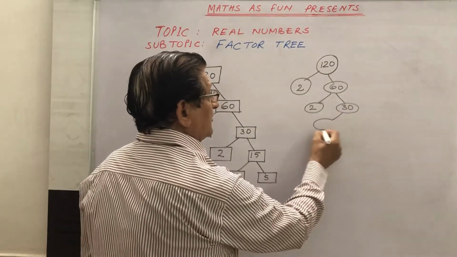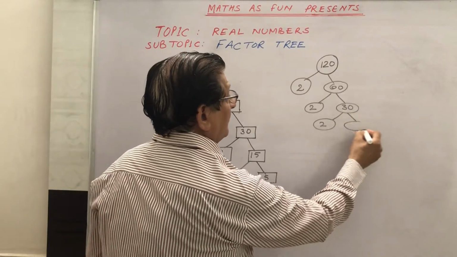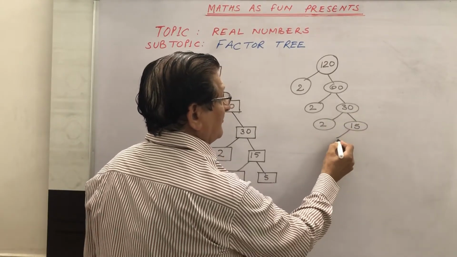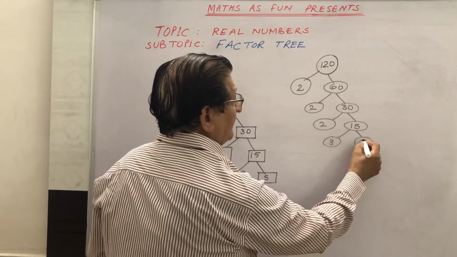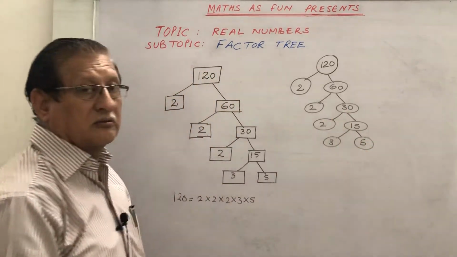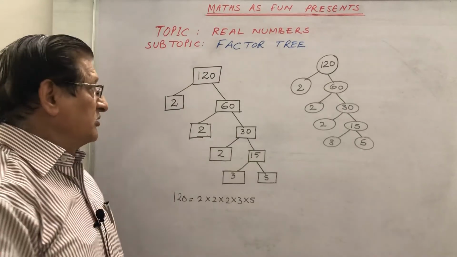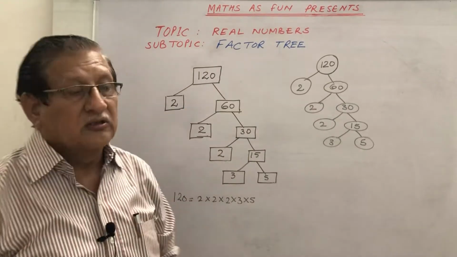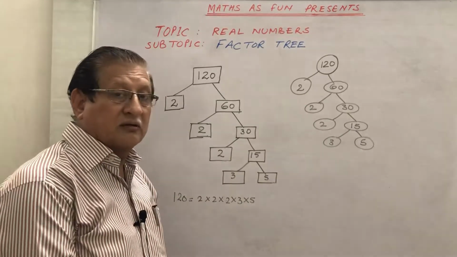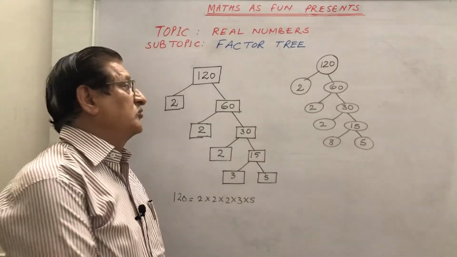When we divide by 2 again, we get 15. And when we divide by 3, we get 5. Again the factors are obtained. So it is not necessarily only rectangles, we can also use circles.